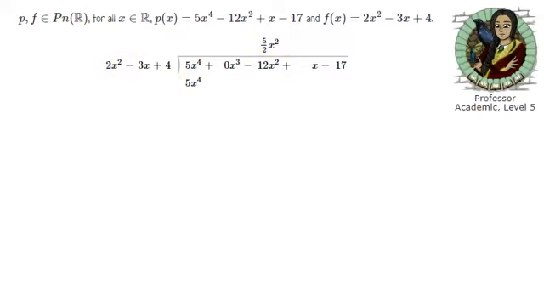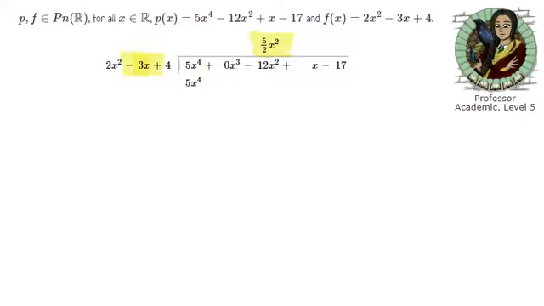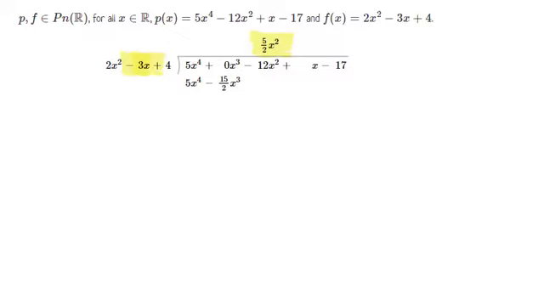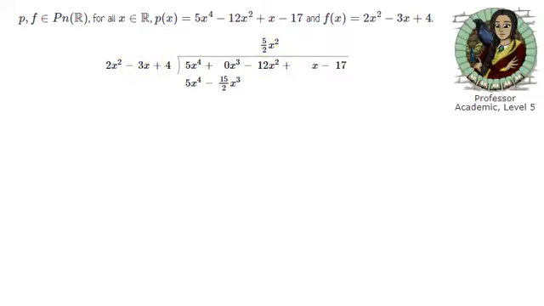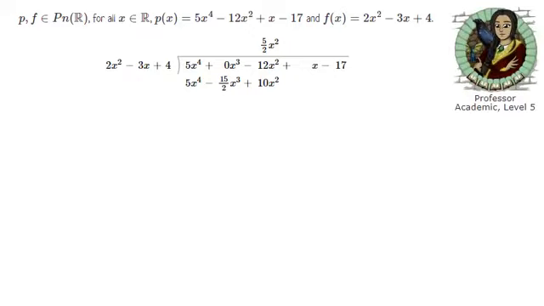Five halves x squared times negative 3x is negative 15 over 2x cubed. And 5 halves x squared times 4 is 10x squared. Next, as in regular long division, we do a subtraction.